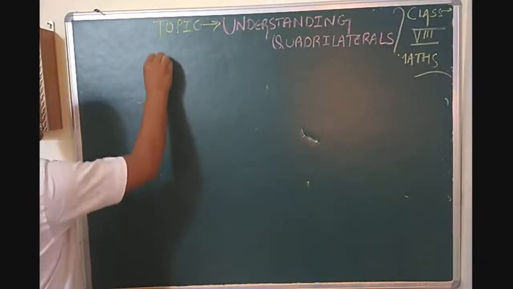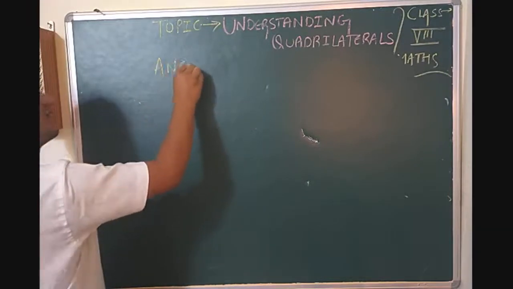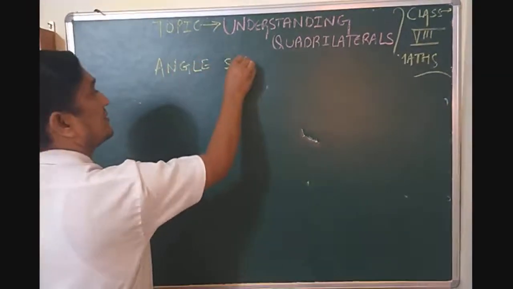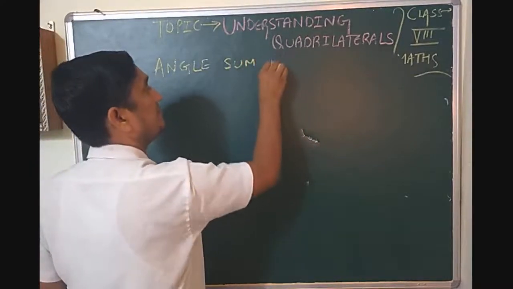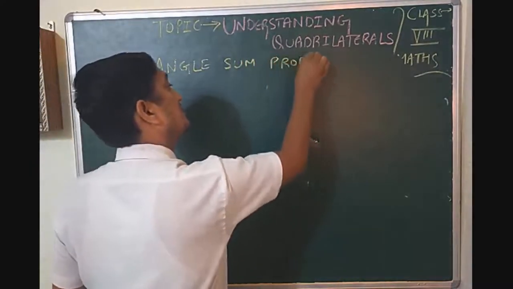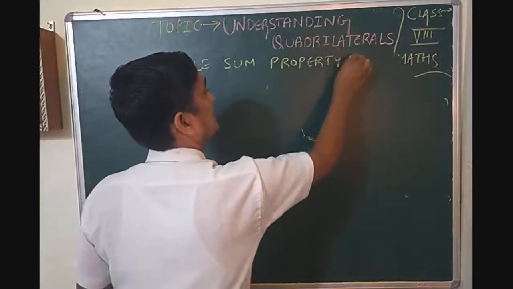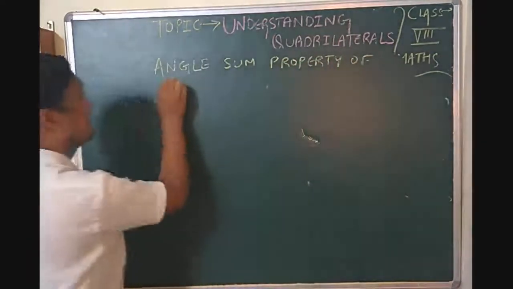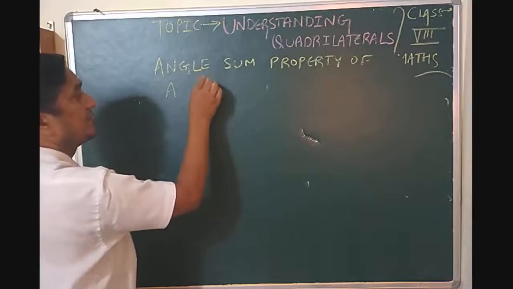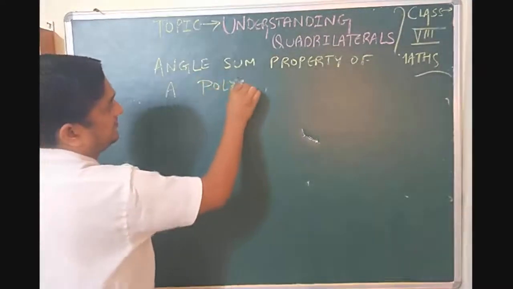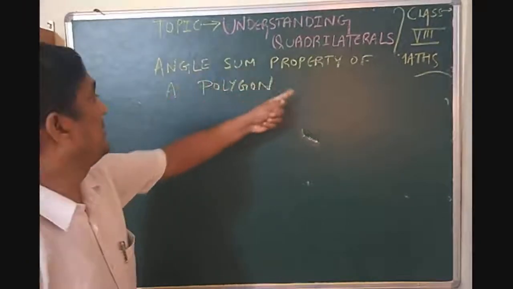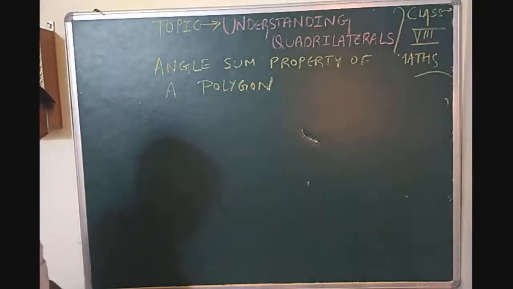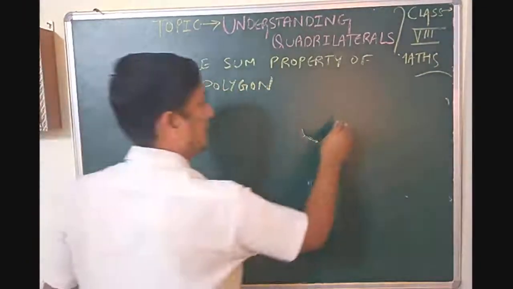Next is angle sum property of a polygon. So children, here suppose we have a polygon like this.